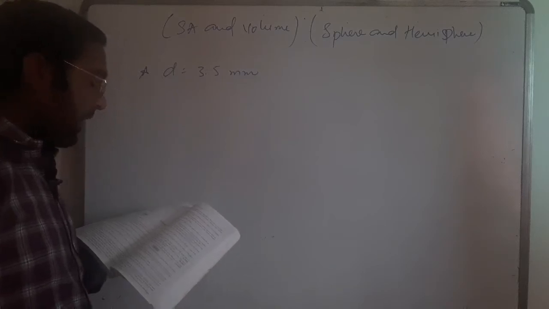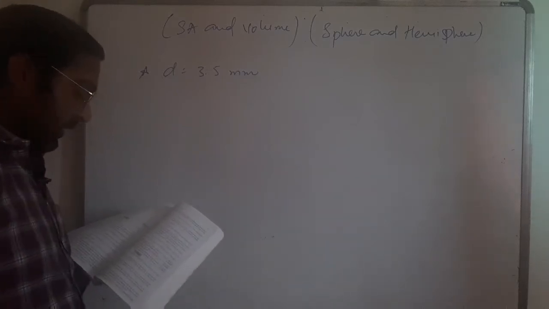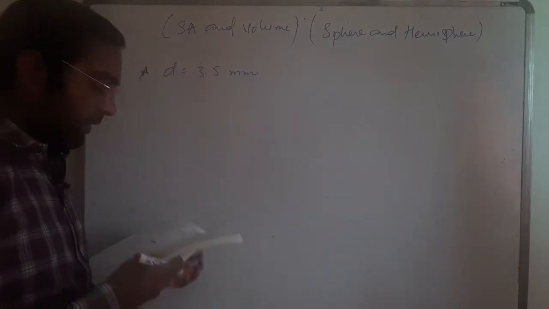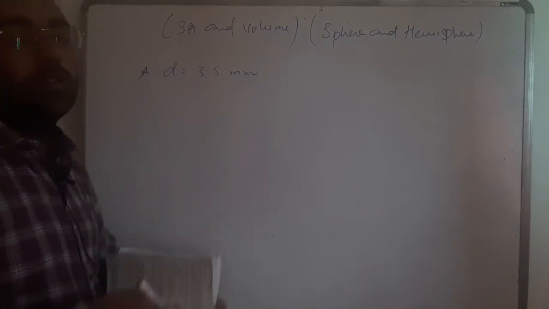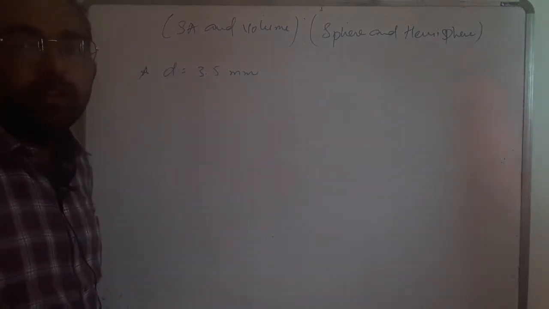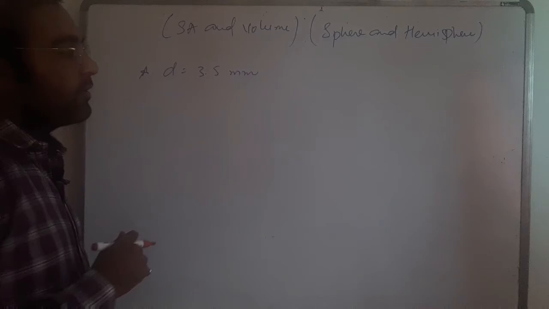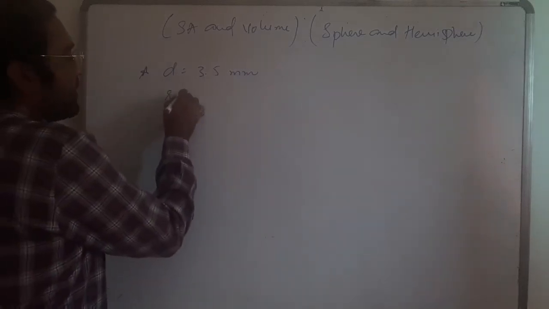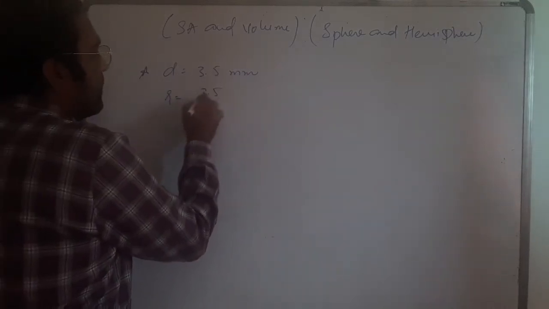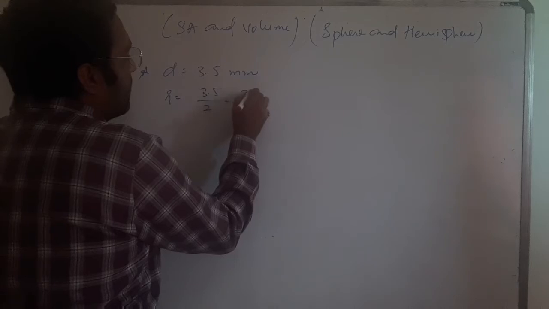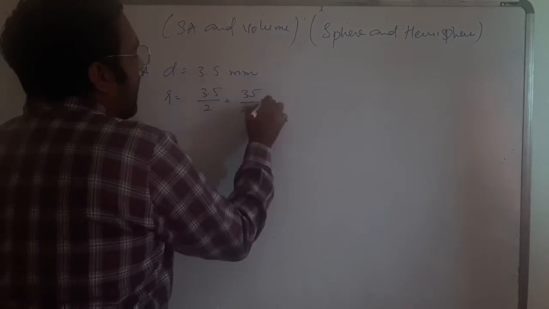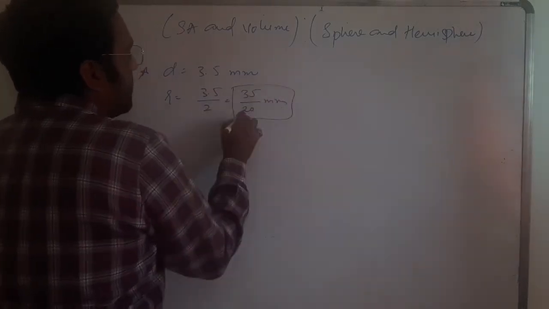How much medicine in mm cube is needed to fill this capsule? Okay, so for that we have to convert this first into radius. So 3.5 divided by 2, so 35 by 20 mm, that is my radius.